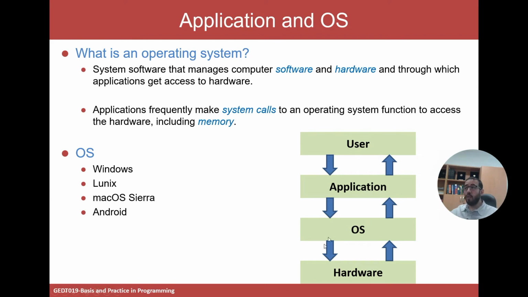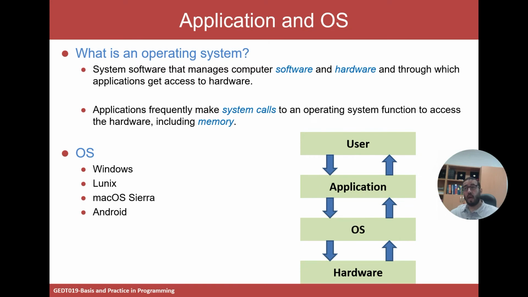So usually the user who plays with the software, like for example, I'm playing with PowerPoint now, or I am playing with Microsoft Word. When I am clicking and interacting with the software like Microsoft Word, PowerPoint, the calculator, or the Chrome browser, that user asks the application to do some jobs, and those jobs need the computer hardware.